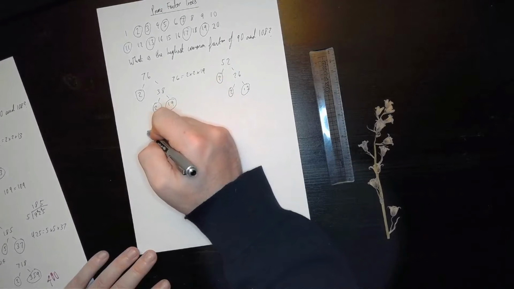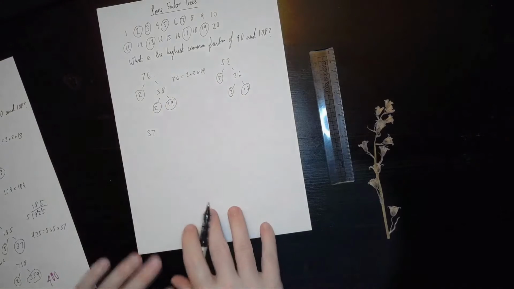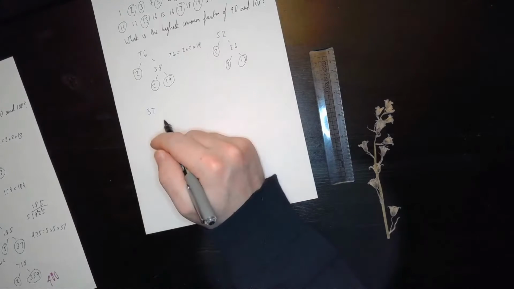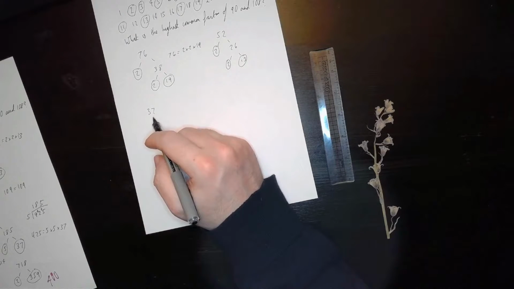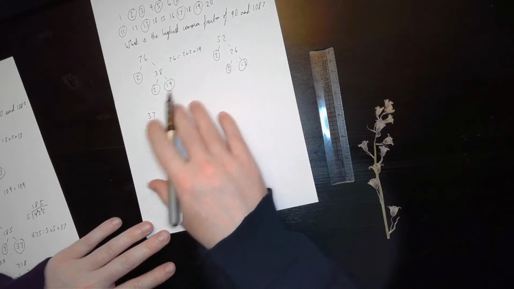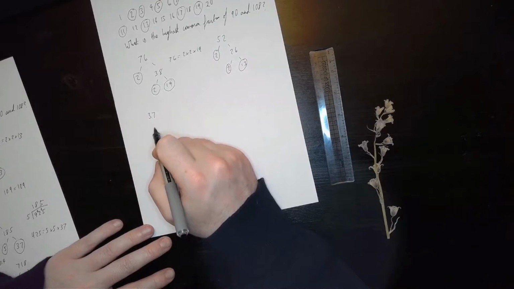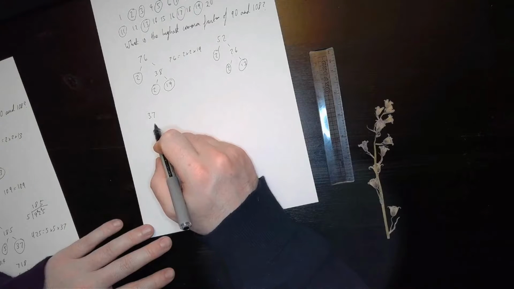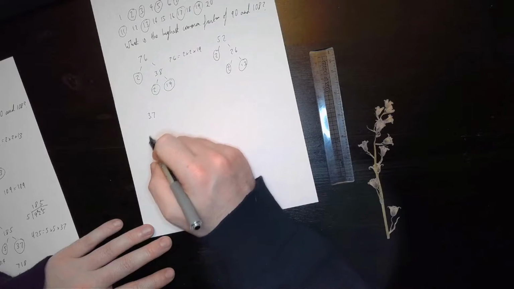Okay, let's try 37. 2 doesn't go into 37 because 37 is odd. 3 doesn't go into 37. 4 doesn't go in. 5 doesn't go in. 6 doesn't go in. 7 doesn't go in.